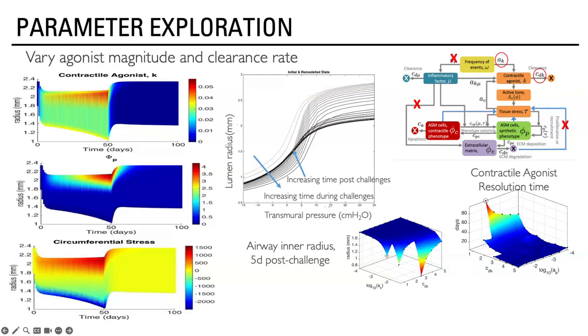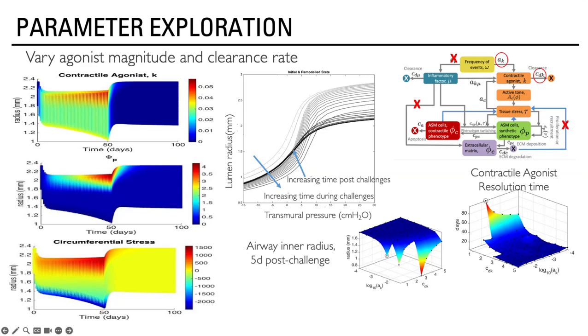And then we can also zoom out, so to speak, and look at the mechanical behavior of the whole airway. Remember those pressure radius curves I showed you right at the beginning? That's what I'm plotting here.